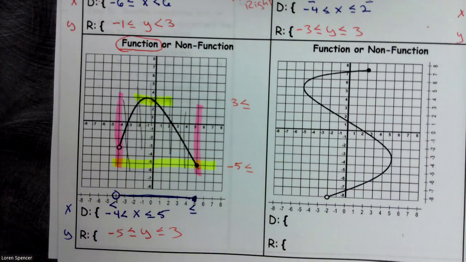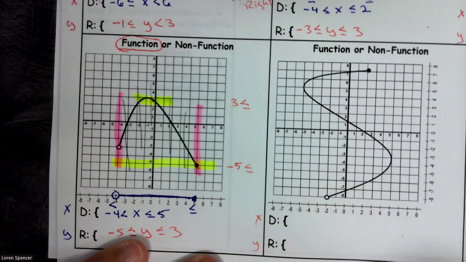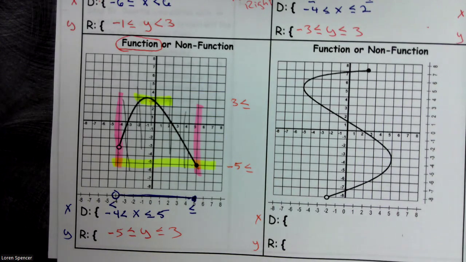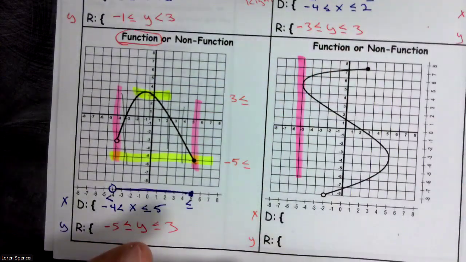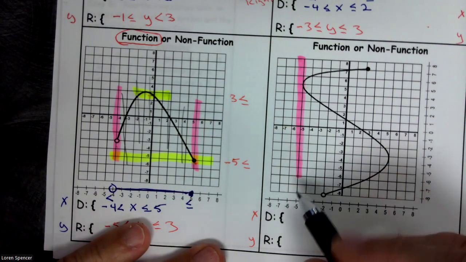All right. Domain again. Remember, domain is our x's, ranges are y's. We're going to start at the most negative x value, which is on the left, which occurs right there at -5.